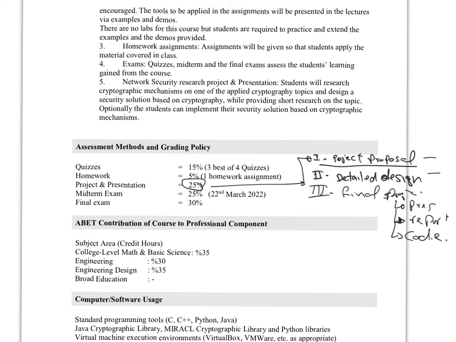I think that's pretty much it for the syllabus. Just one note: because of the current situation that we are in, if for any reason you need to attend online and you have some justifiable or approved form, you communicate that to me. Based on that, we are going to find a way to arrange for online.